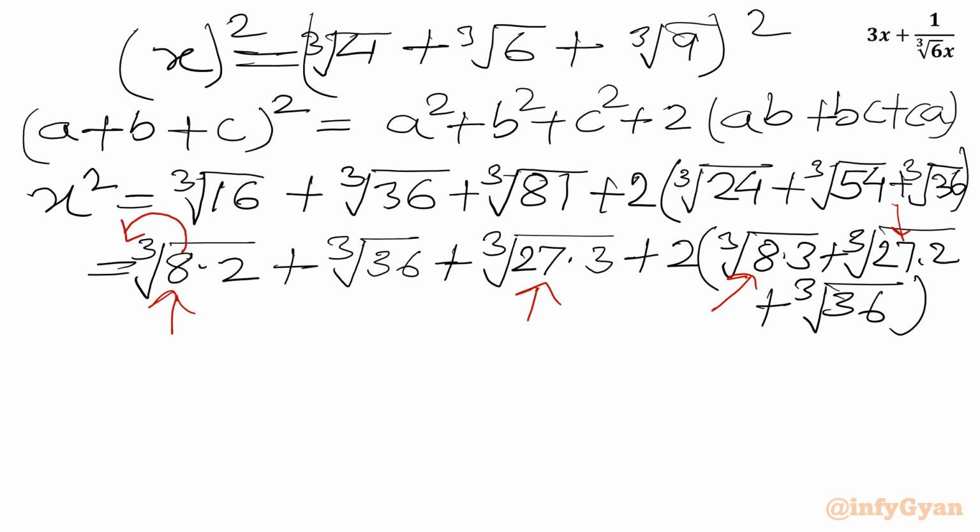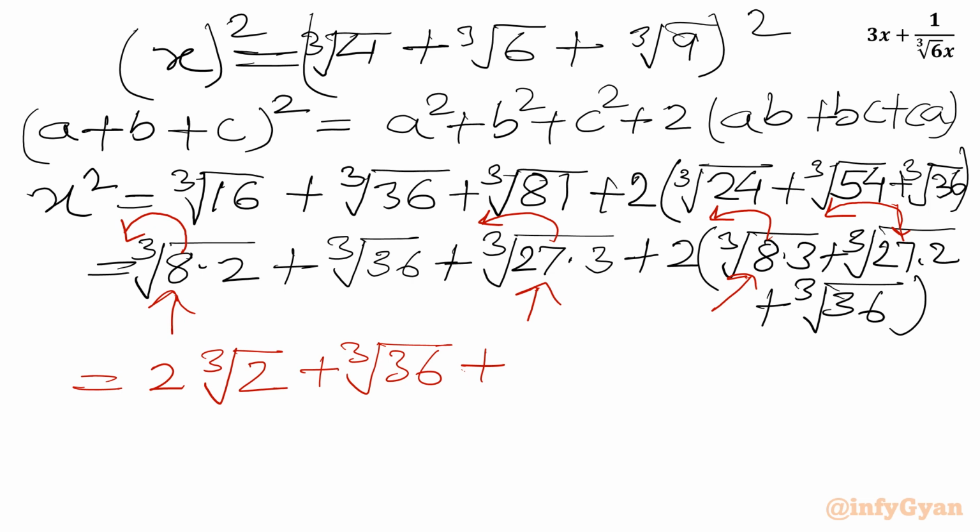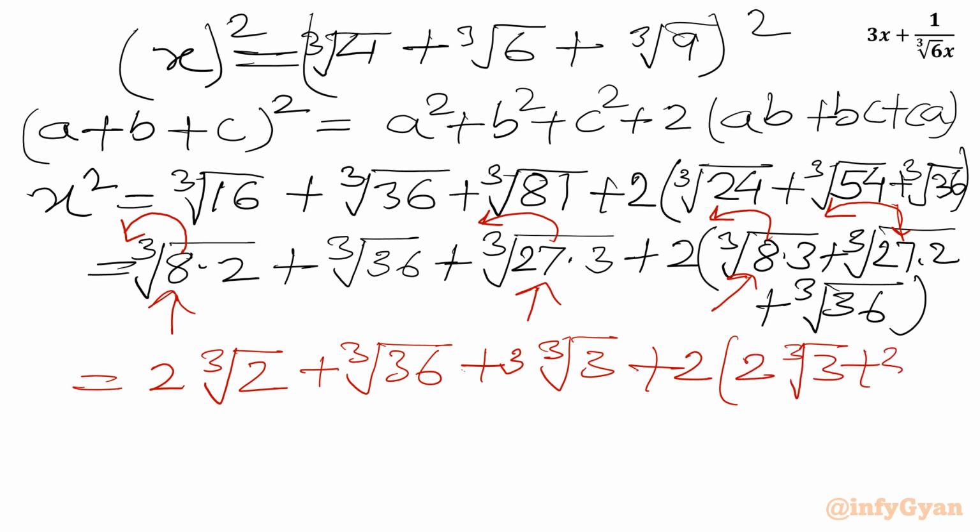So I can write cube root 8 as 2. 27 will come out as 3. 8 will come out from this cube root as 2. Same, 27 will be out as 3. So I can write here 2 times cube root 2 plus cube root 36 plus 3 times cube root 3, plus 2 times, in the bracket, 2 cube root 3 plus 3 times cube root 2 plus cube root of 36.